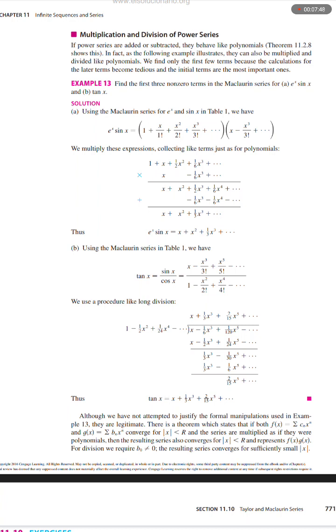Example 13. Find the first three non-zero terms in the Maclaurin series for part A, e to the power x sine x, and part B, tangent x. Solution.